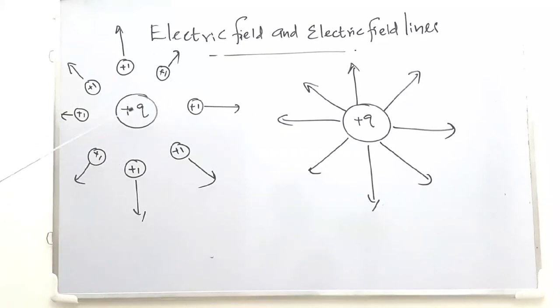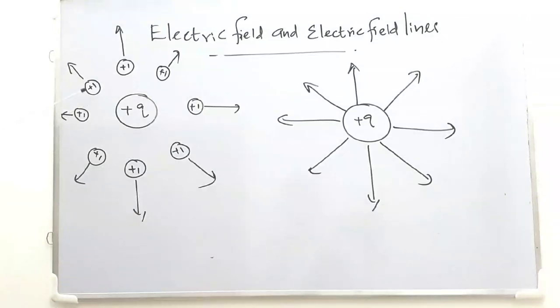Similarly, if you want to find the direction of electric field at this point, imagine a plus 1 coulomb charge here and look into the direction of force experienced by this plus 1 coulomb charge at this point. This plus 1 coulomb will get repelled by this plus q charge along this direction. So that means that will be the direction of electric field line through this point.